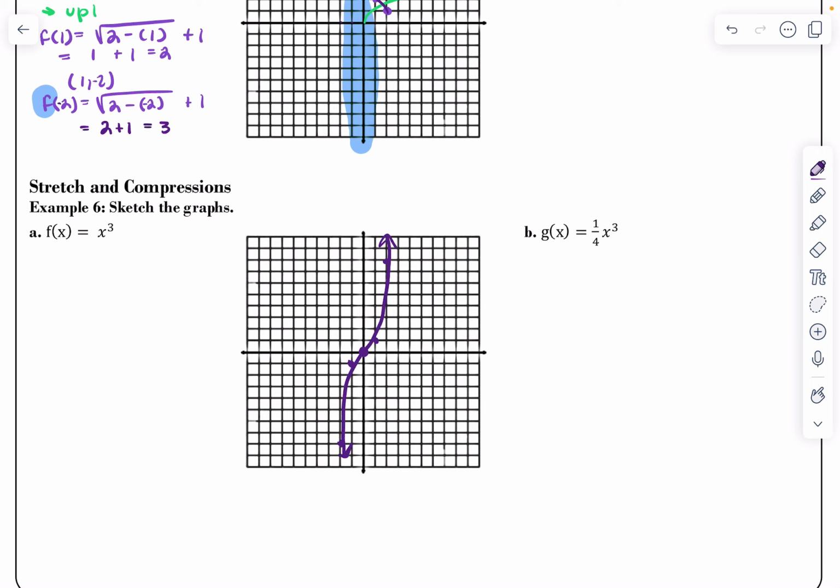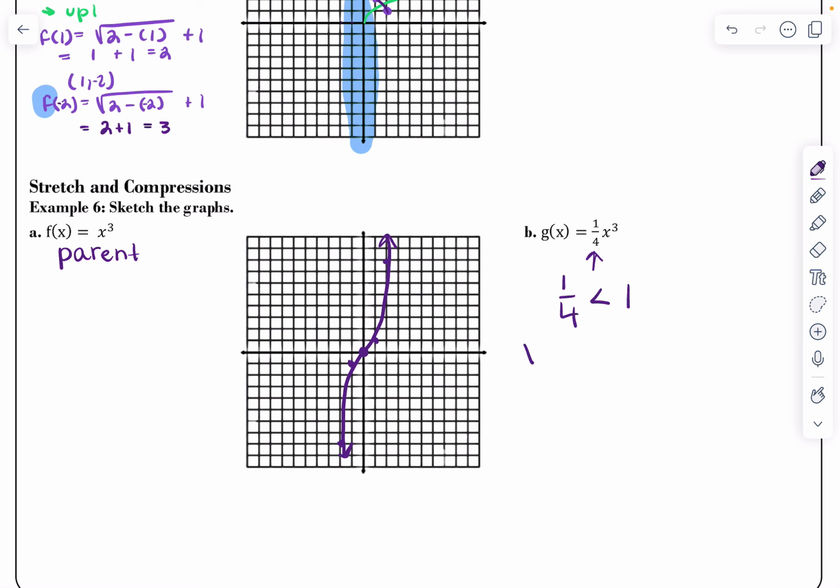Okay, so this is the parent function. We've already talked about that. Okay, here, this is 1/4. 1/4 of our function, or 1/4 on the outside. If this is on the outside, instead of our grouping symbols, we're going to have our compression, because 1/4 is less than 1.